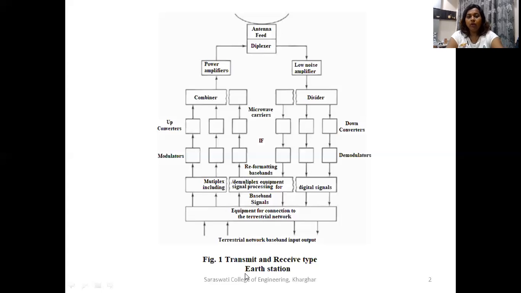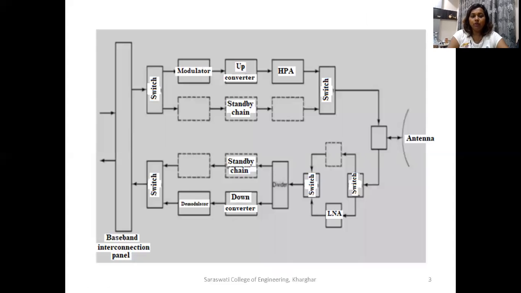Now students, we know that there may be a possibility of failure of any one equipment of the earth station. To avoid this problem, generally redundant or duplicate units are kept in the transmission and receiver link. Figure 2 shows the basic elements of the earth station which are duplicated. As I said, these are used to maintain redundancy.